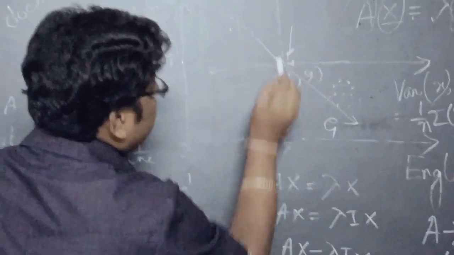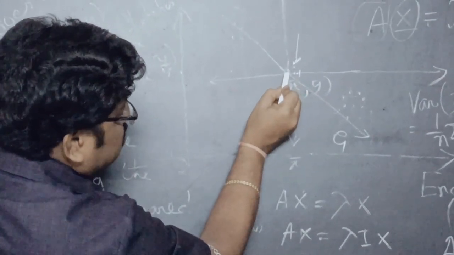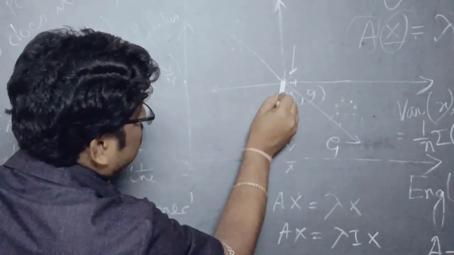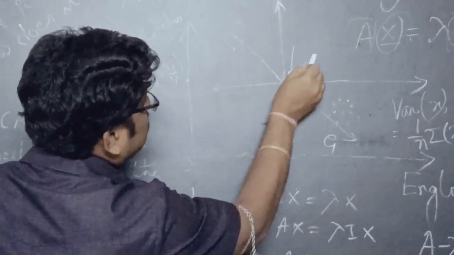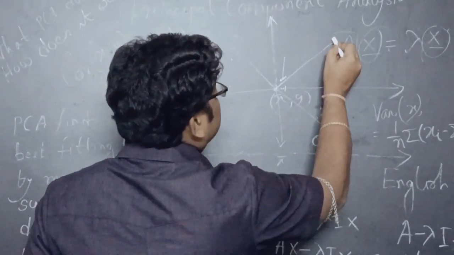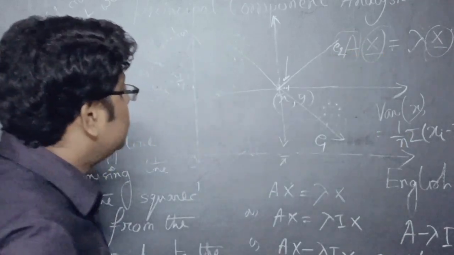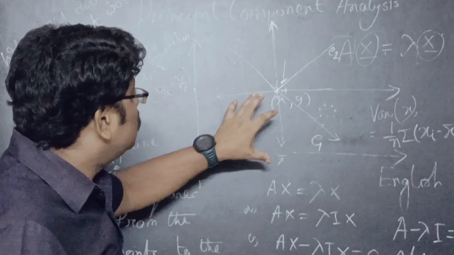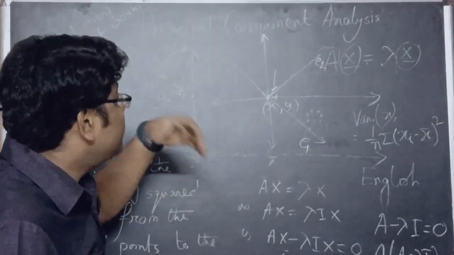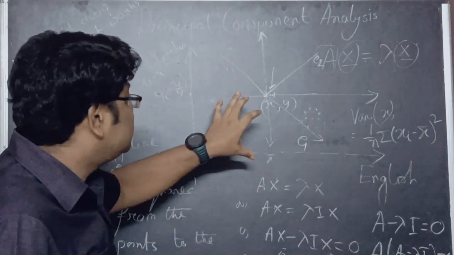Now from this point I draw a perpendicular through the origin on the E1. This is the principal component E2.